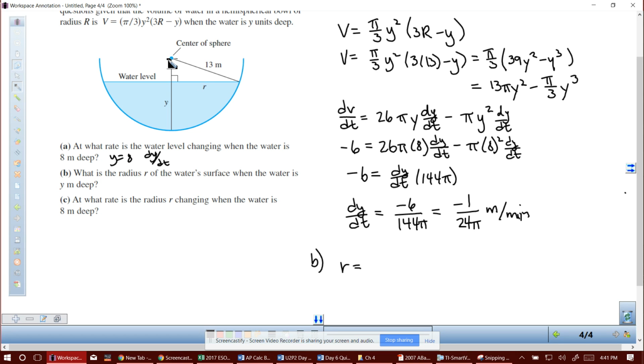Since this is capital R, that makes this distance 13, and that makes this little tiny distance right here 13 minus y. So if I want to solve for radius, I did radius squared plus 13 minus y squared equaled 13 squared.